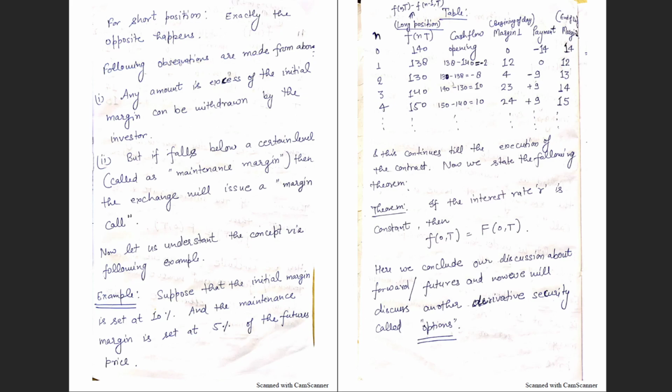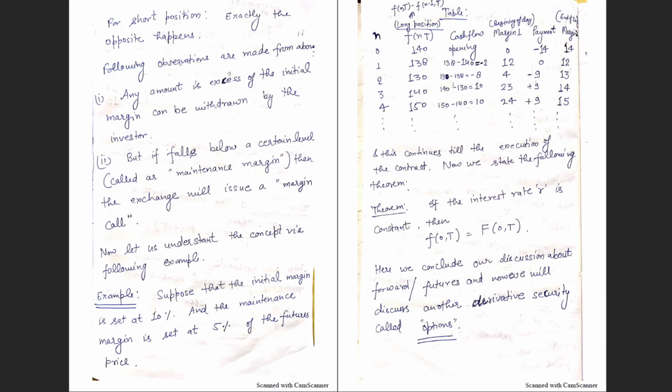Similarly, in case n equals 4, it is 150. 150 minus 140 is again 10, and last it was 14, so 14 plus 10 is 24. Again you have to maintain only 15, because 10% of 150 is 15, so you again withdraw 9 rupees and it becomes 15. And that's how at each time step this cash flow is being done.